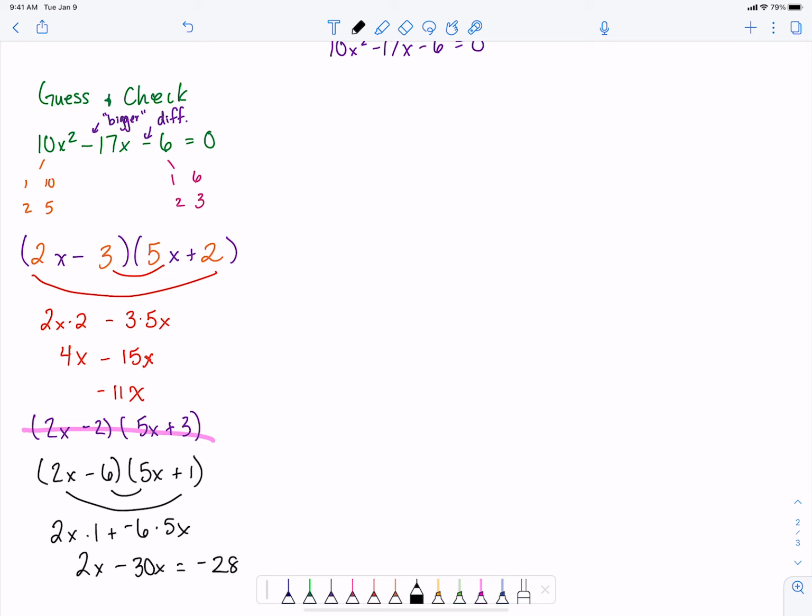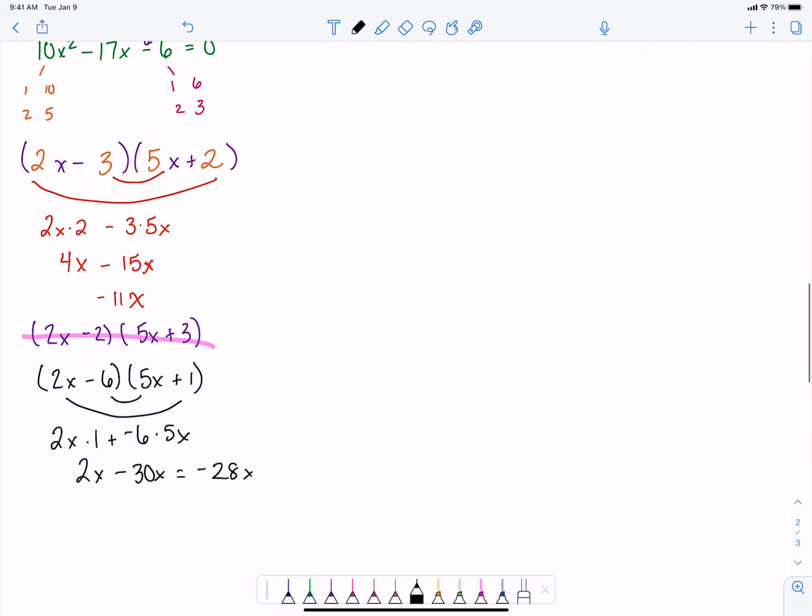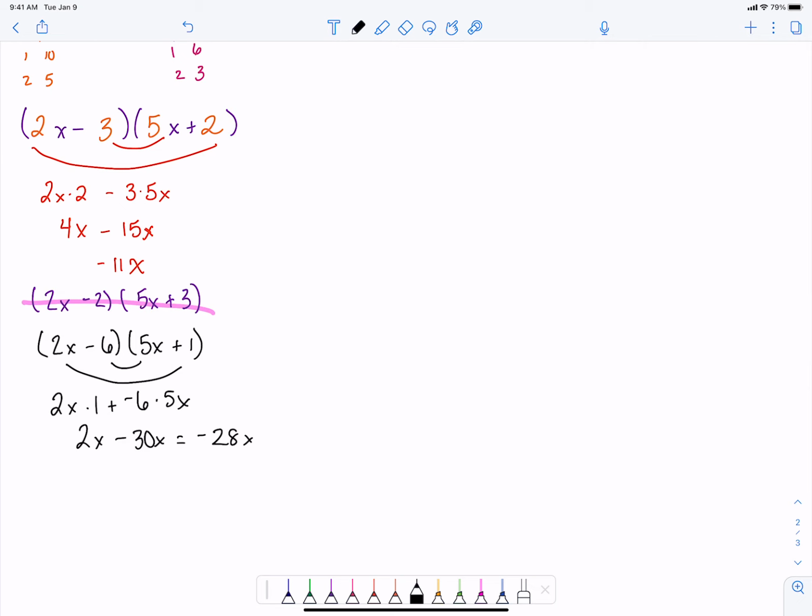That's negative 28. All right, so that was way too big. Well, if I flop where the 6 and the 1 are, that's not really going to help because that's going to give me 12 from multiplying by that 2x, and that's going to give me negative 5. I think that's not going to be big enough. So I don't like that one either.